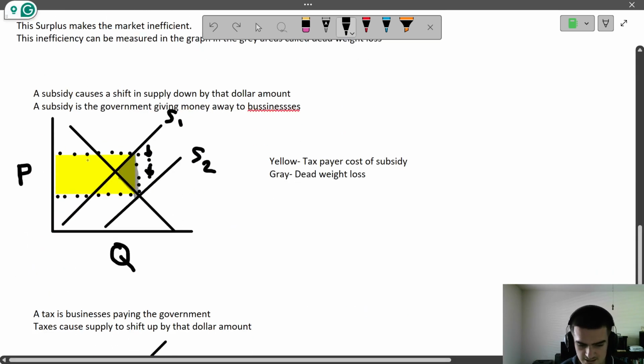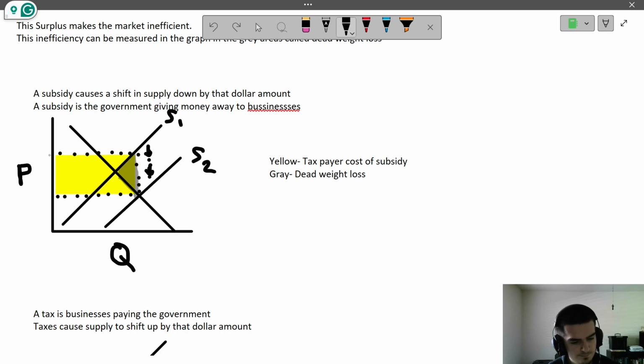And the cost is this rectangle. So how much taxpayers have to pay in order to pay for that subsidy is in this yellow box. From the old to the new quantity, the new and old price subtracted from each other times quantity.